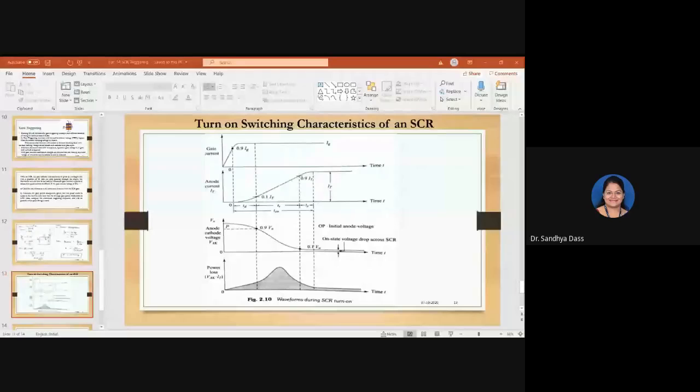Yes, ma'am. Can you try to explain the turn-on switching characteristics? How do you interpret these waveforms? What information do you get there? Turn-on characteristics, switching characteristics. What are we talking about?